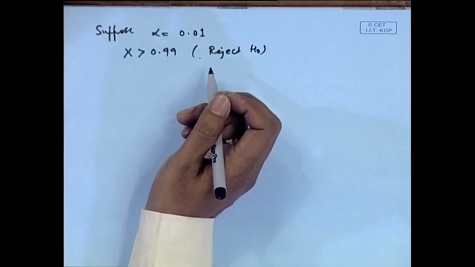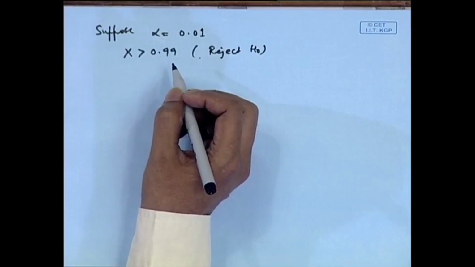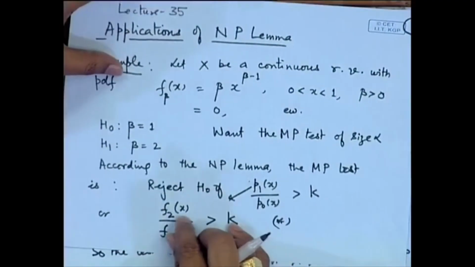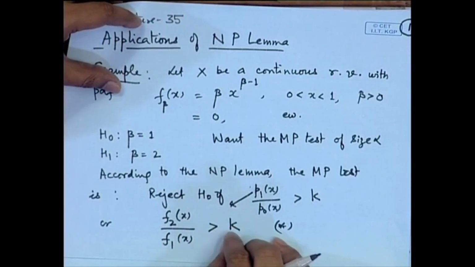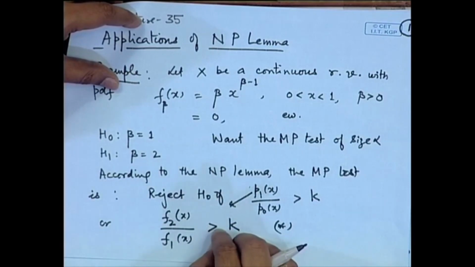So, this is the test function for the most powerful test. Another point which you should observe here: when we wrote the Neyman-Pearson lemma, we wrote the acceptance region to be when this is less than k, and there was a probability gamma of rejecting when this is equal to k.